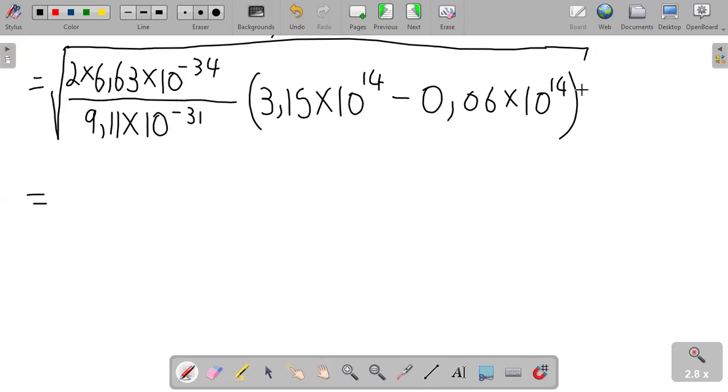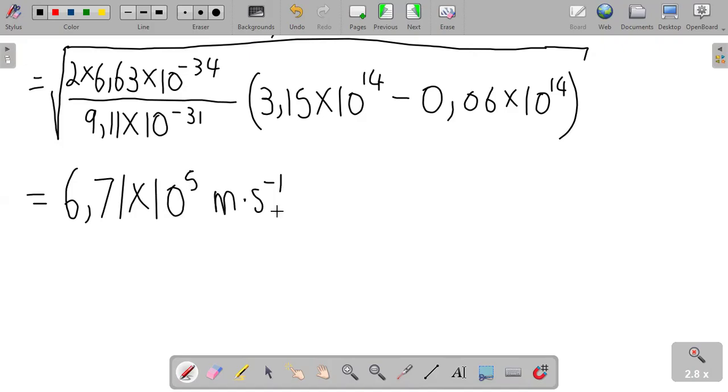So we use a calculator here, and it gives me 6.71 times 10 to the power 5 meters per second. That is the speed.